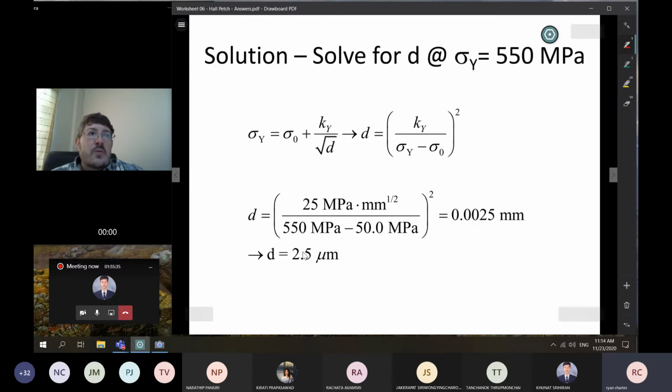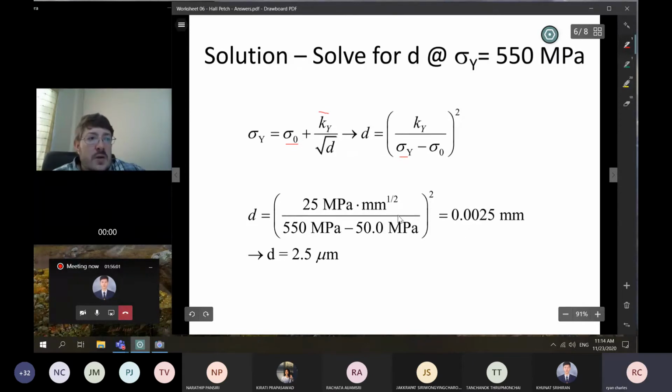All right, so now we know everything in here. We know sigma naught, we know KY. If we wanted to find a grain size for a corresponding yield strength, we could just rearrange the equation, right? So D equals KY over yield strength minus sigma naught, squared.